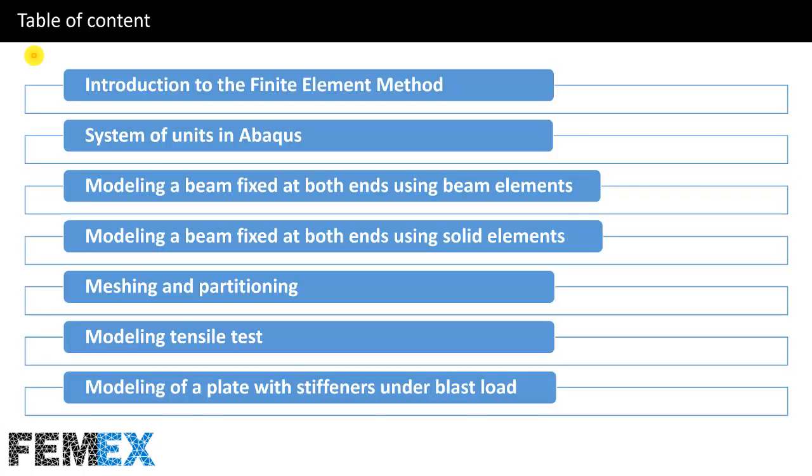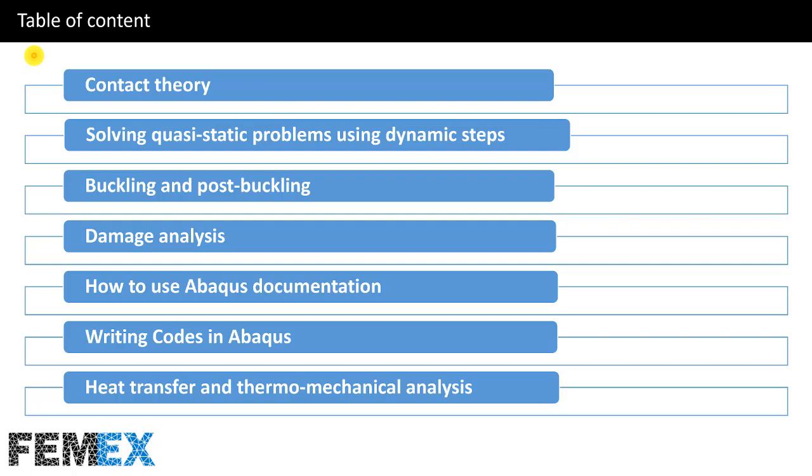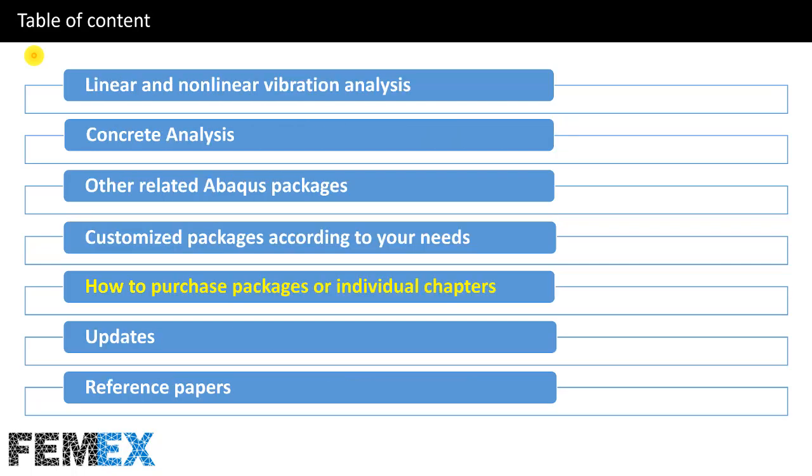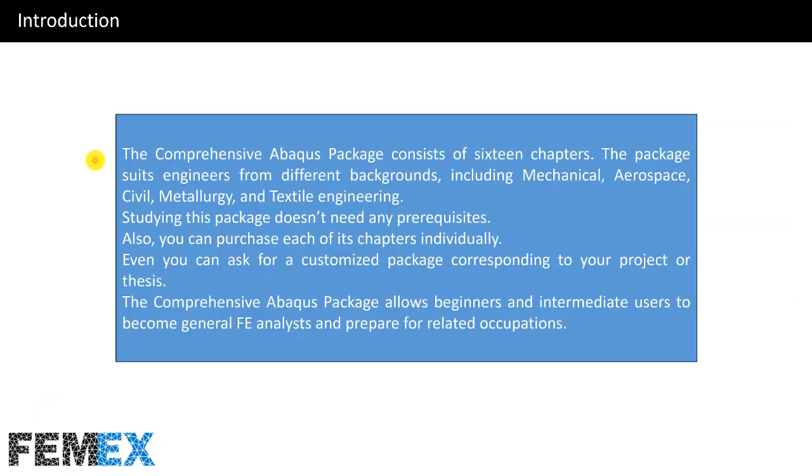This is the table of contents of the comprehensive Abaqus package. It consists of 16 chapters. The package suits engineers from different backgrounds, including mechanical, aerospace, civil, metallurgy, and textile engineering.